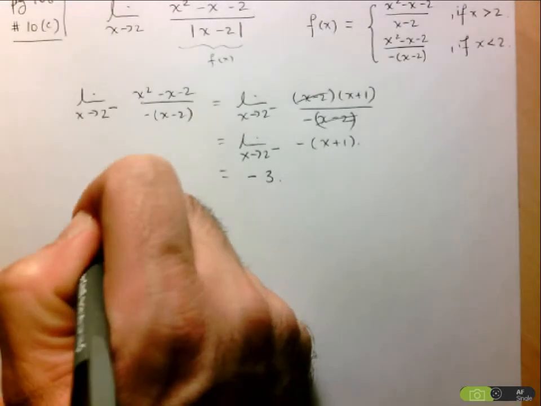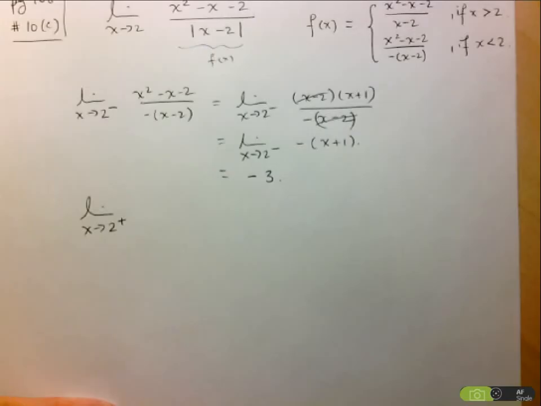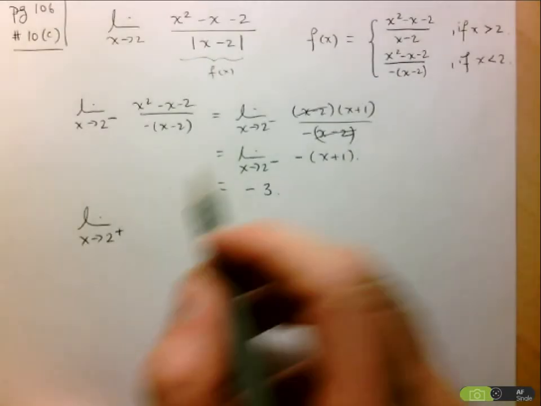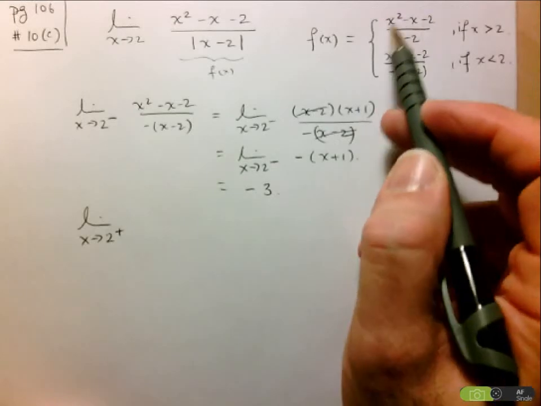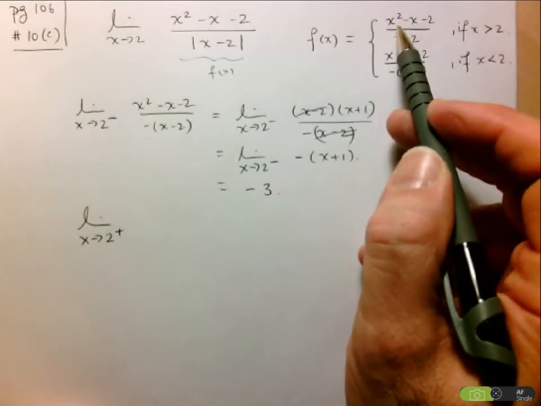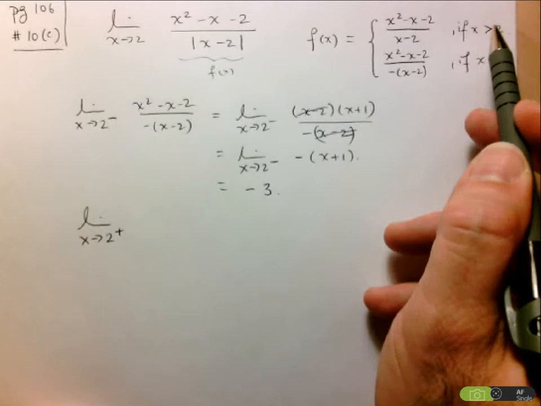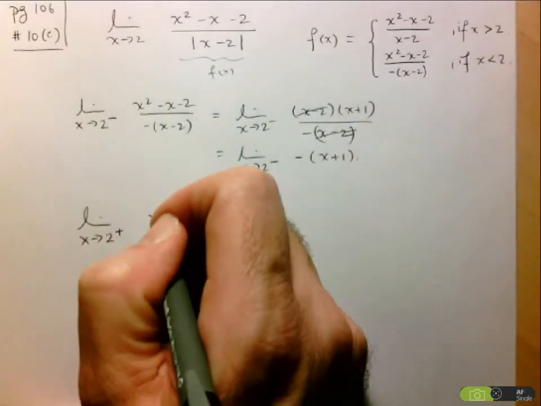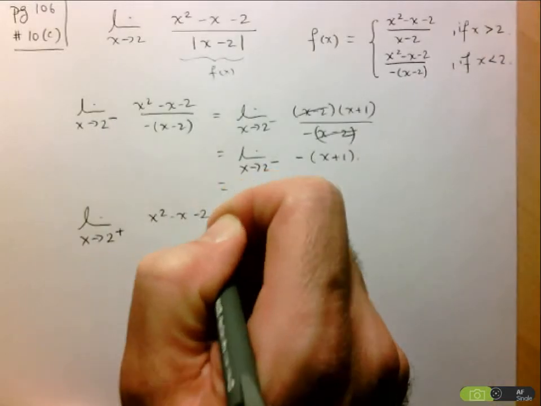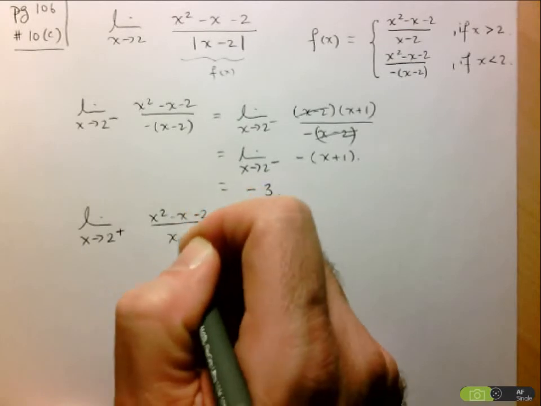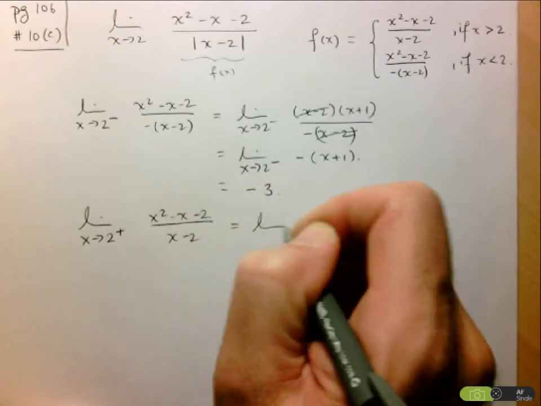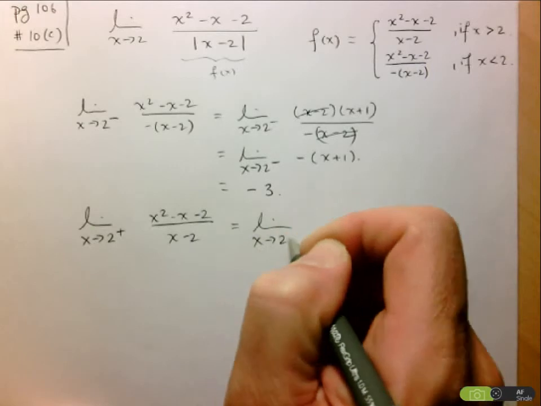So let's find the right-handed limit here, as x approaches 2 from the right. Now we're going to be using the top expression, because this is what the function's defined as for values of x just greater than 2. So I'm going to be using x squared minus x minus 2 over positive (x minus 2). Just as before, I can solve it using algebra.